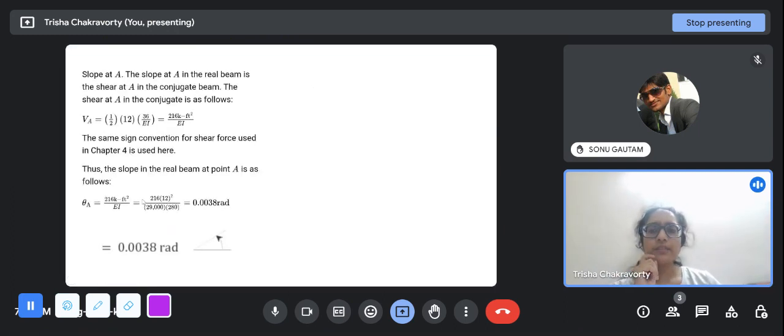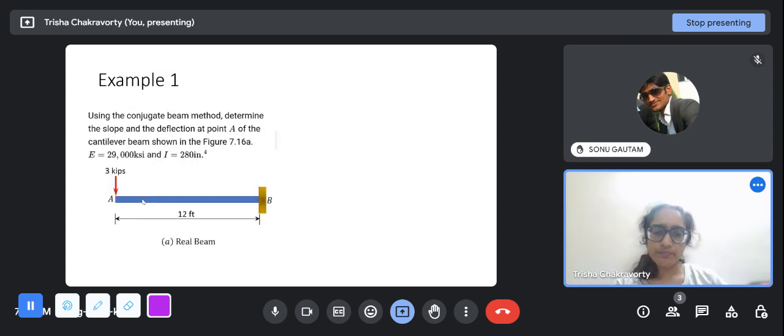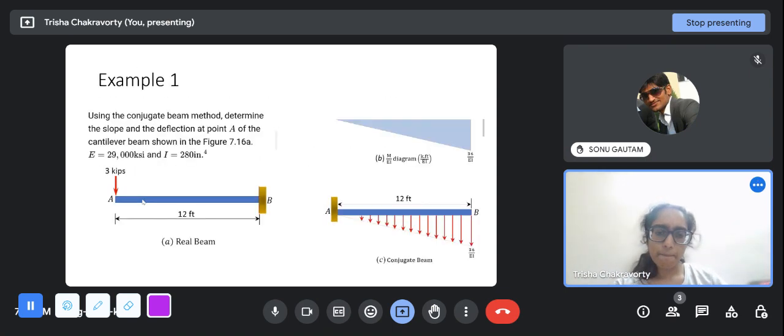Now, to find the slope at A, we need to find the shear force at A in the conjugate beam. The shear force at this point will be the support reaction basically. Since there is only one support reaction, if you apply the equation of equilibrium, sum of Fy is 0, what is the total vertical force applied on the beam?